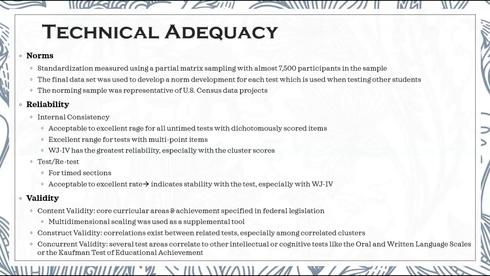The reliability included both internal consistency and test-retest consistency. So internal consistency, we're talking about acceptable to excellent range for all untimed tests with dichotomously scored items. Excellent range for tests with multi-point items, and the WJ4 has the greatest reliability, especially with the cluster scores.